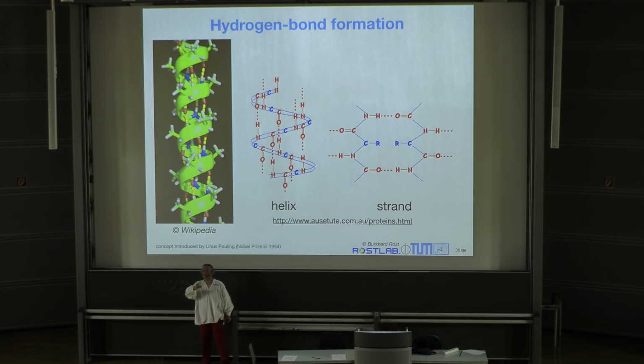As long as you have this hydrogen bond, you essentially wind up this helix. That stabilizes the helix. The beta strand is stabilized by hydrogen bonds between strands that come together. They could be from far away, and every other residue here has a hydrogen bond.